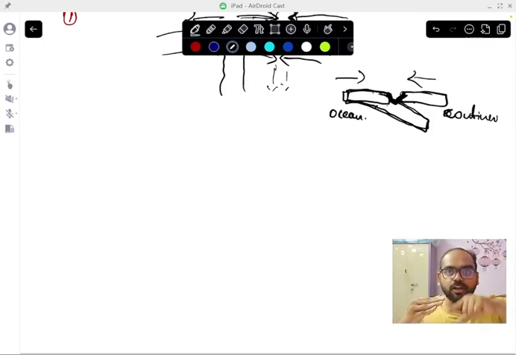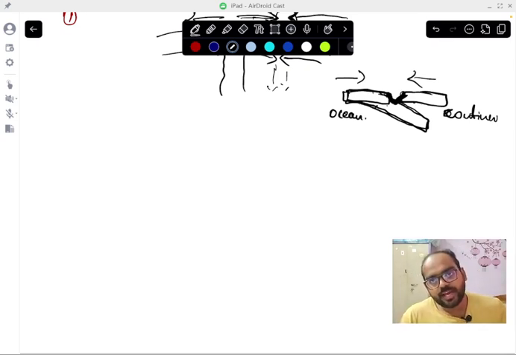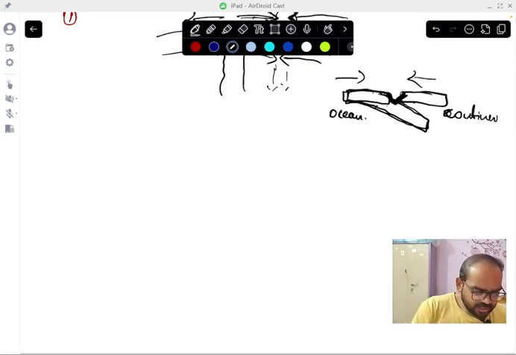This cycle of events is the reason proposed by Harry Hess for why spreading of one ocean does not cause shrinking of the others.